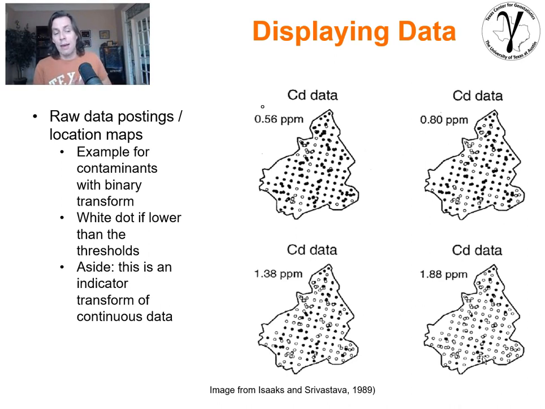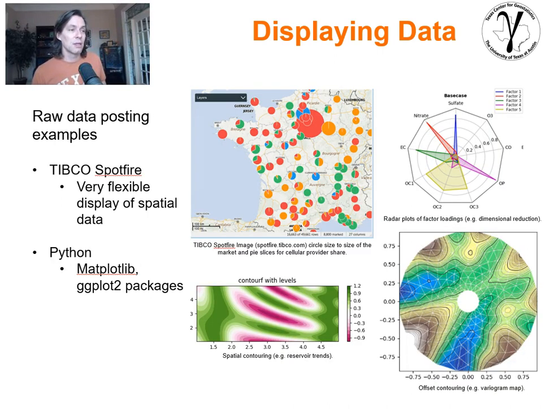What's the allowable contamination within a soil of different types of metals if we're doing some type of study of contamination? Another thing to consider is that we can apply transformations to our data so that when we visualize them, we start to see different patterns. I don't talk about it here, but even color bars. There's much you can do with color bars to be able to more clearly see features.